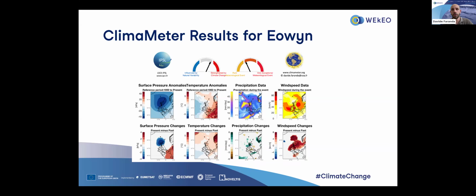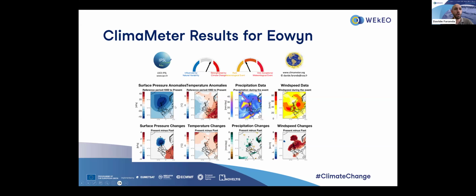And the assessment of the rarity is what you see in the second meter, where you can see that our event is not rare, but it's not even very exceptional. It's somewhere in between, given our analysis of the distance from the analogs.